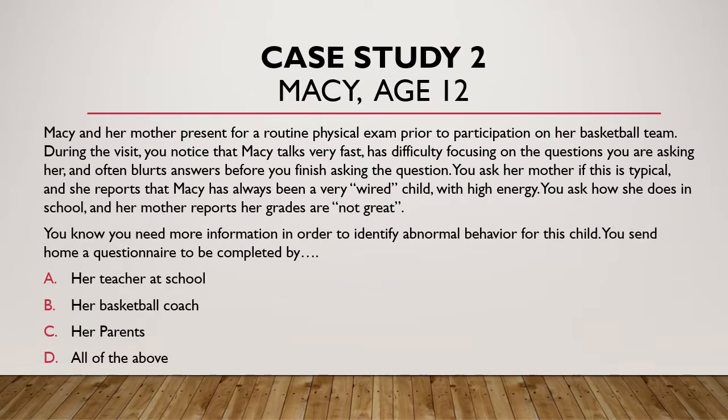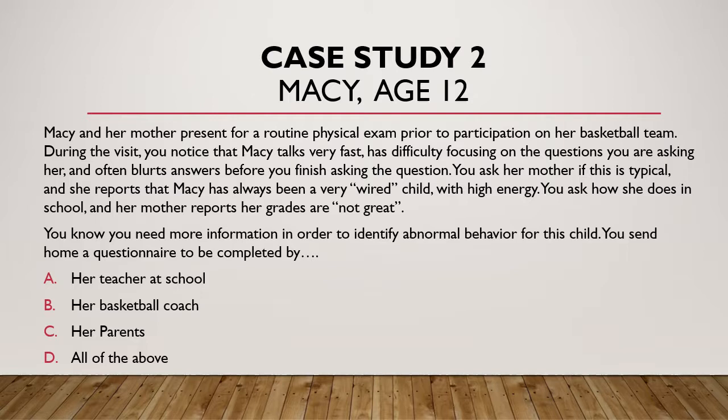This is Macy. She's 12. She and her mother present for a routine physical exam prior to her participation on a basketball team. During the visit, you notice that Macy talks very fast. She has difficulty focusing on the questions you're asking and often blurts answers before you even finish asking the question. You ask her mother if this is typical, and she reports that Macy has always been a very wired child with high energy.